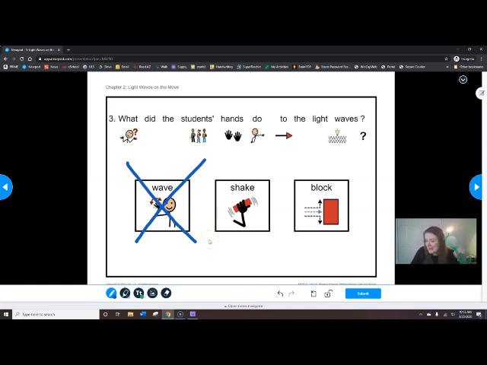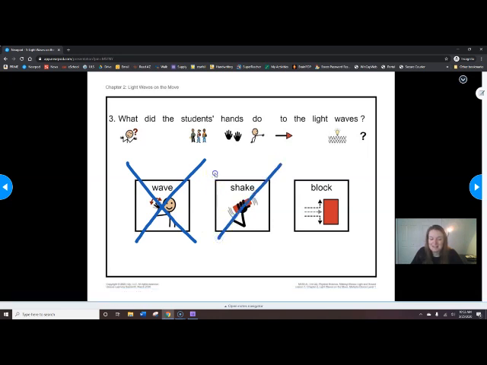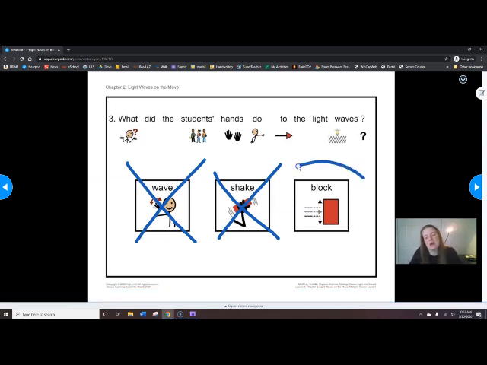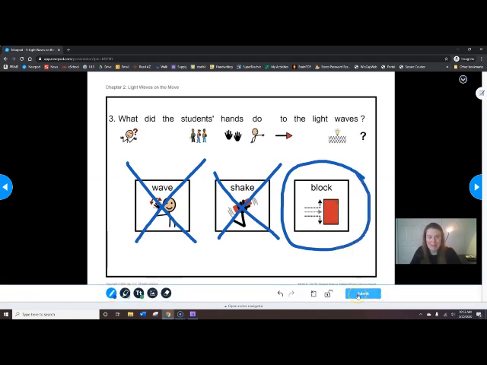Nobody was shaking anything in this story today, so it wasn't shake. There's only one left. The boy in the picture was trying to block the bright light. So I'm going to circle block, you circle block, and then hit submit. What did the students' hands do? They blocked the light.